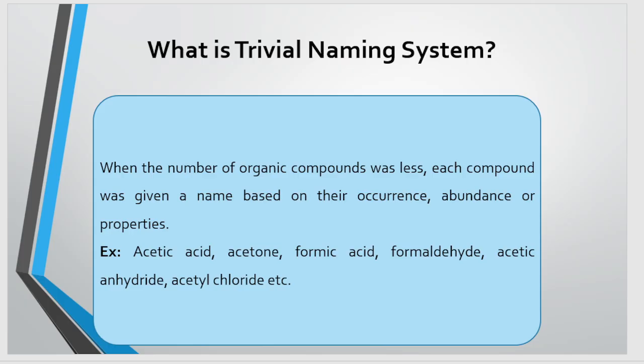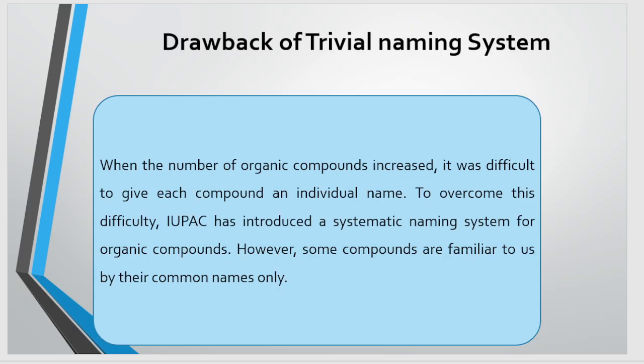For example, acetic acid, acetone, formic acid, formaldehyde, acetic anhydride, etc. All these are the trivial names, or you can say common names. But when the number of organic compounds increased, it was very difficult to give each compound an individual name. So to overcome this, IUPAC introduced a systematic naming system for organic compounds. However, some of the compounds are familiar to us by their common names only.